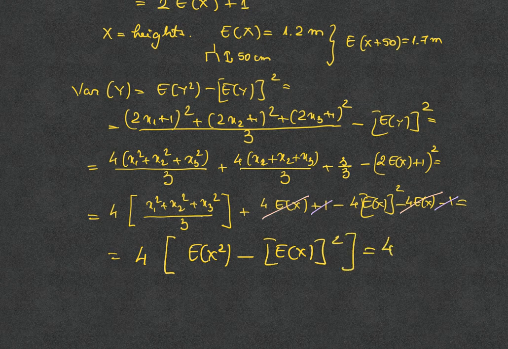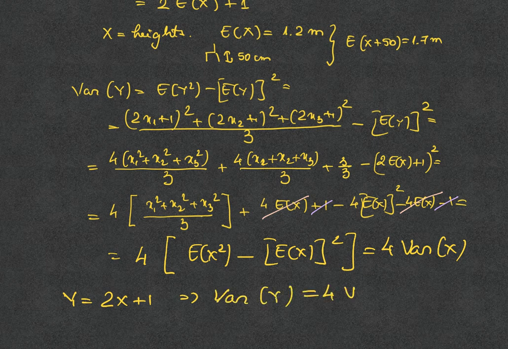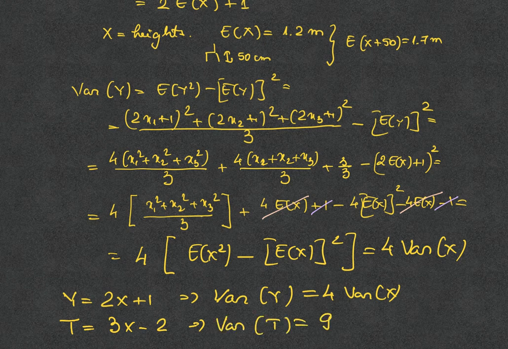So it's 4 times the variance of x. Therefore, if y is 2x plus 1, var of y is 4 var of x. Now see, this 4 comes from this 2 squared. So if I have another variable t equals 3x, for example, minus 2, var of t will be 9 var of x.